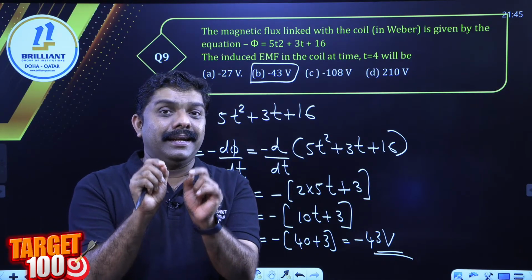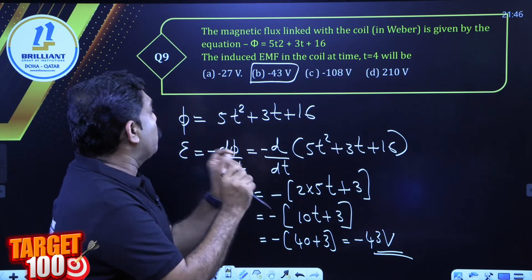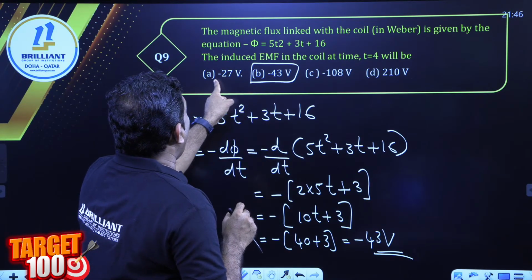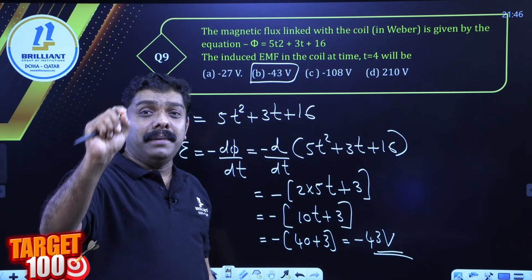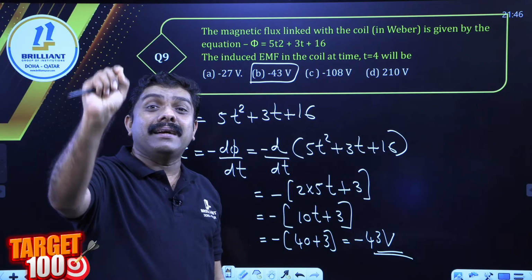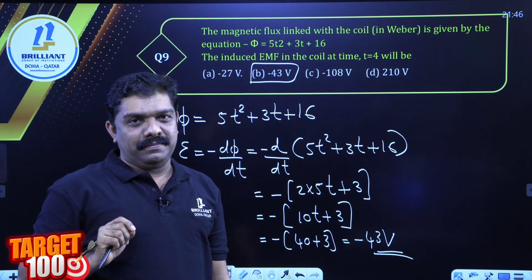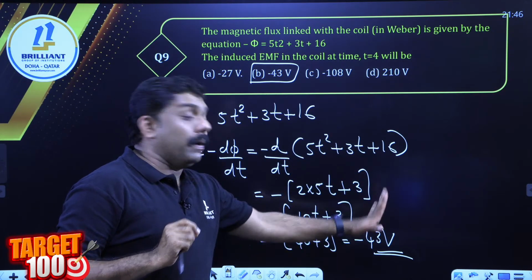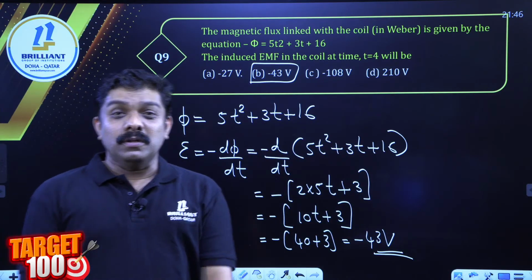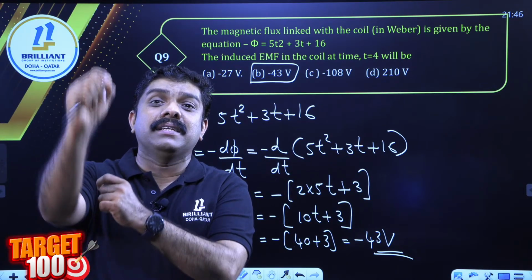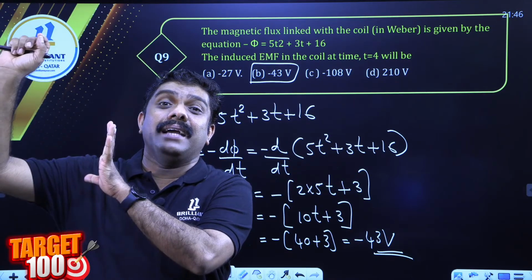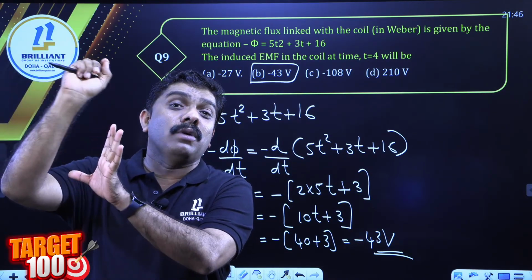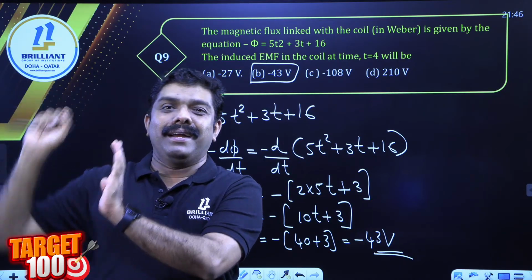If no option is given with a minus sign, the question means we have to find the magnitude of the induced EMF, which is plus 43 volt. So solve the problem by giving the sign. If no sign is in the options, they mean the magnitude of the induced EMF.